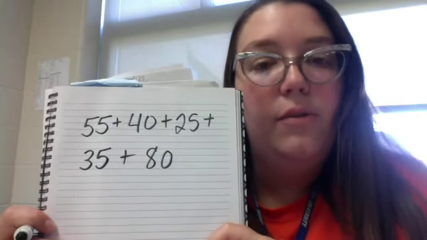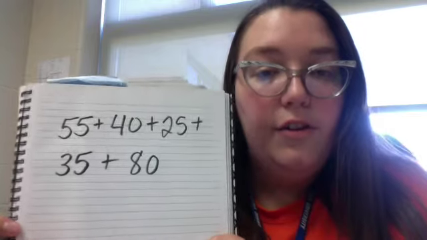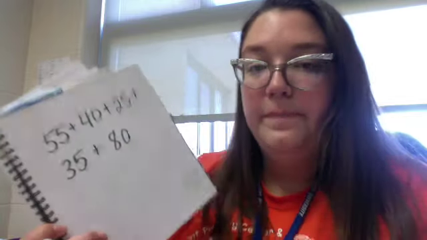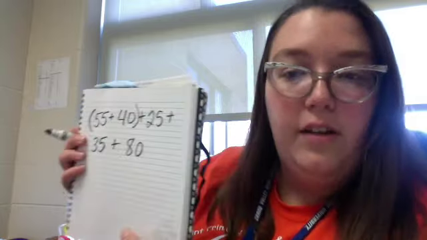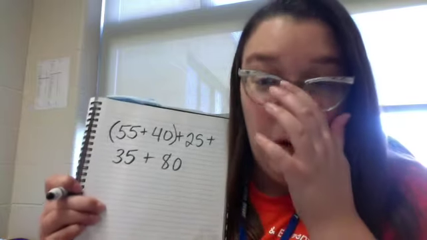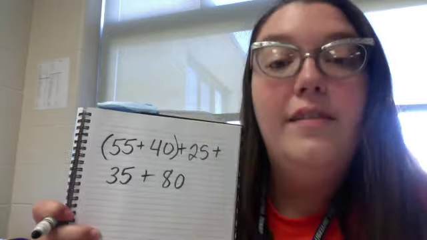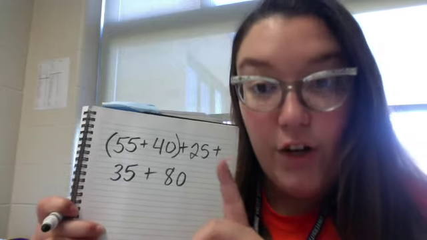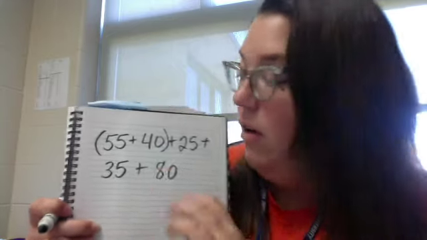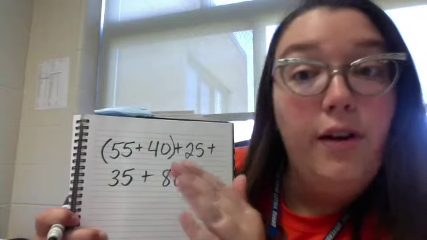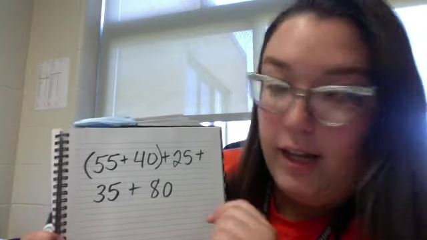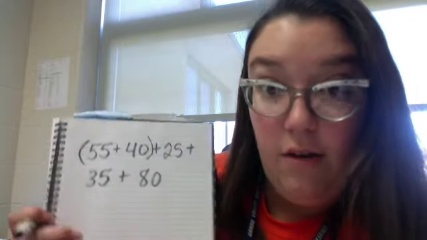So what I'm going to do is I'm going to break it apart and do little bits of this at a time. Okay? So by doing that, I'm just going to do some parentheses because that is my little clue that I'm going to solve what is in parentheses first. Okay? So we're going to ignore for now the 25, 35, and 80. I'm just going to do 55 plus 40 right now, okay?